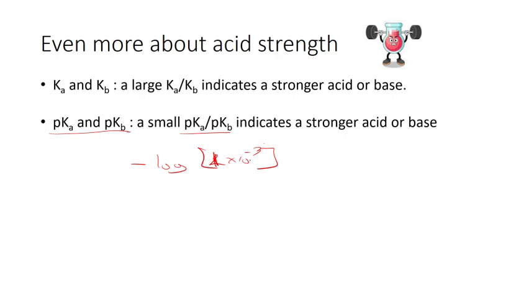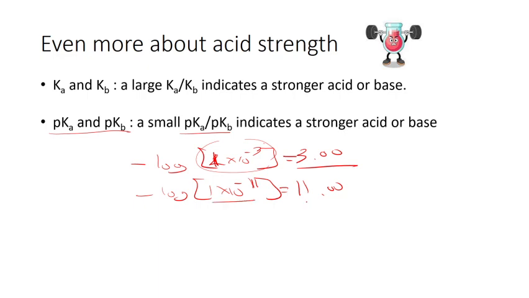The negative log of 1 times 10 to the negative third is 3, right? Whereas negative log of, let's say, 1 times 10 to the negative 11, right, is going to be 11. And so, as you can see, right, the larger the number that we put into this pKa equation, the smaller the number we get out the other side, right?